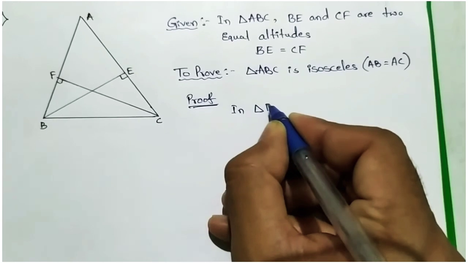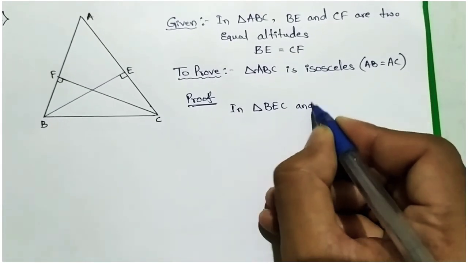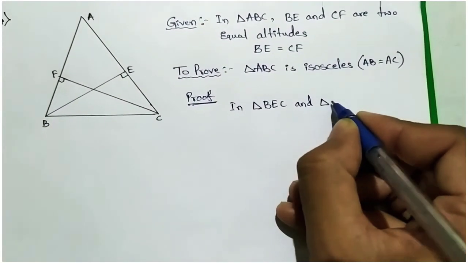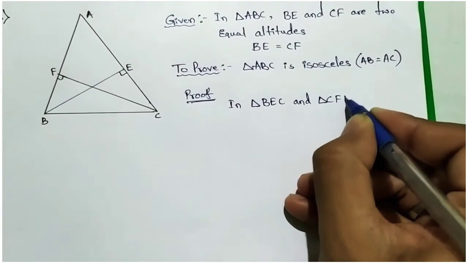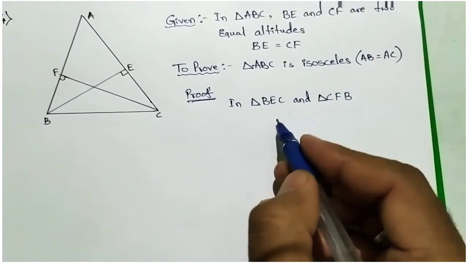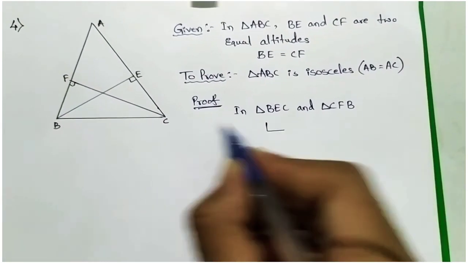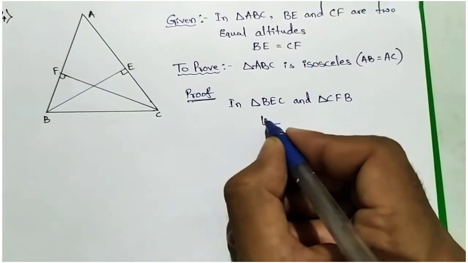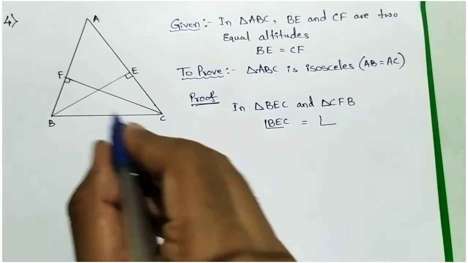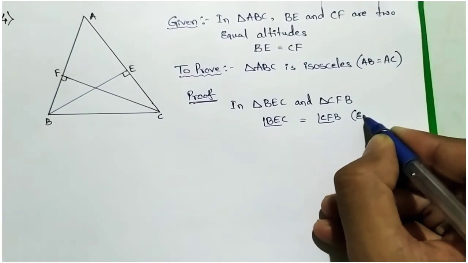Triangle BEC and another triangle CFB. So in both triangles, first thing, they are altitudes. Altitude means making 90 degrees. So see here, angle BEC equal to angle CFB, each 90 degrees.